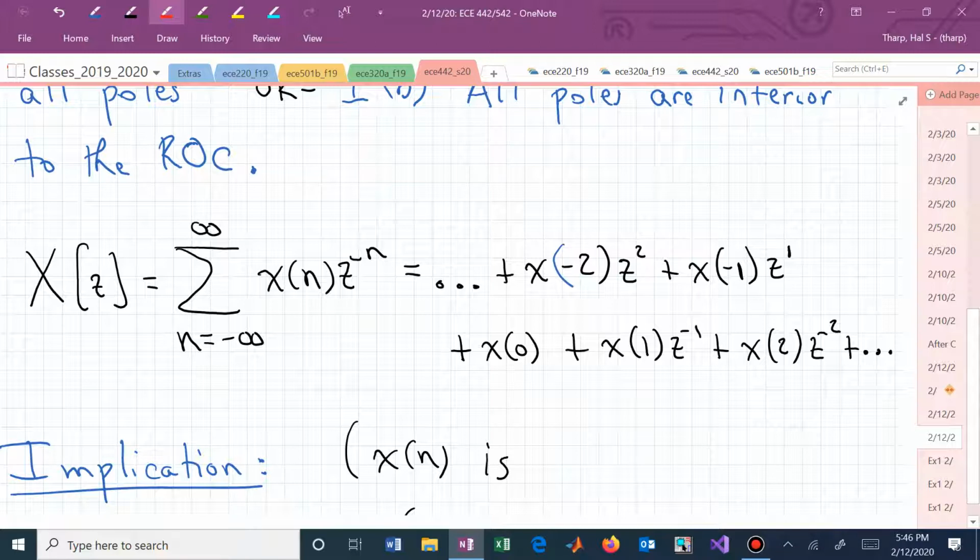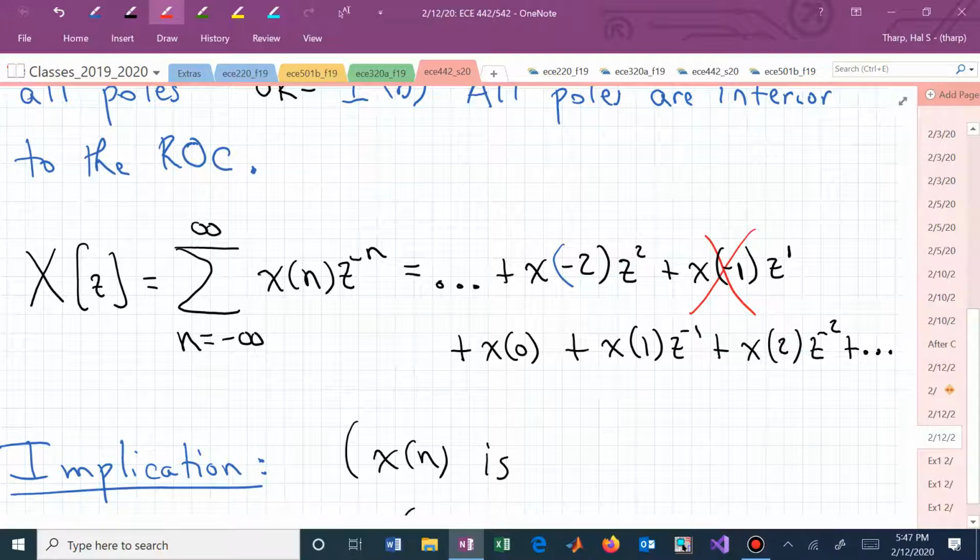We plug that in, and now we see that we have infinity times x of minus 1. And we know this sum has to be bounded. What does that tell us about the sequence value x at time n equal minus 1? This one has to be 0, doesn't it? Otherwise, that sum would go unbounded.